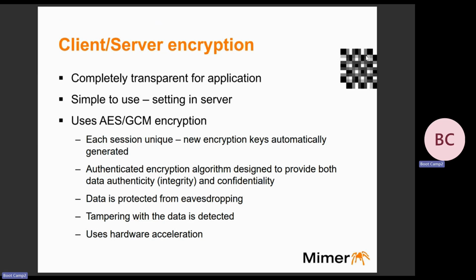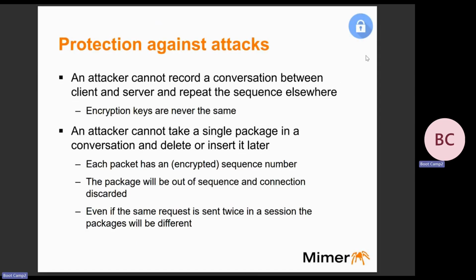And it uses hardware acceleration because we're using the AES GCM protocols, which are actually what web servers use for HTTPS. So it means that it runs really, really fast. Okay, let's see if we can go into some details here.